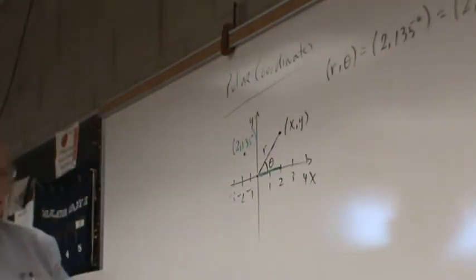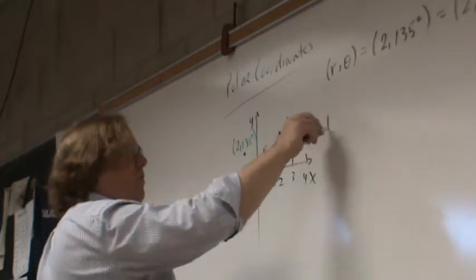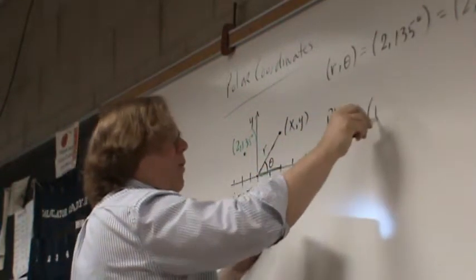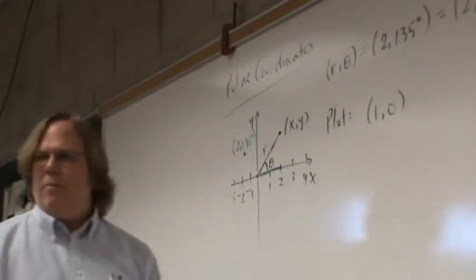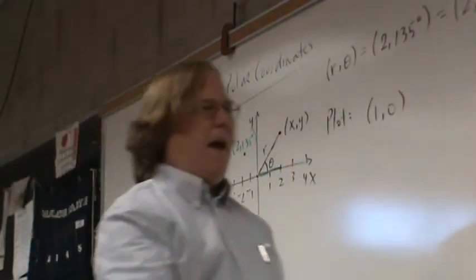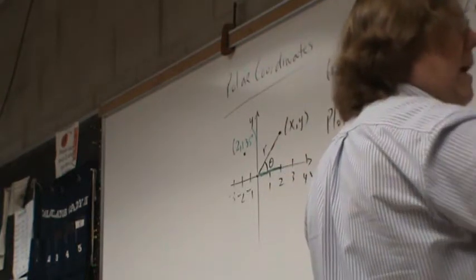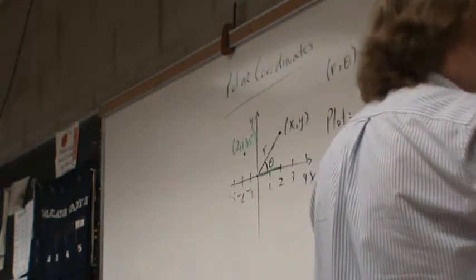But I'd like you to go ahead and plot the following. Just see how close you get. Plot 1 comma 0. Go ahead and make your axes and scale it in some fashion.